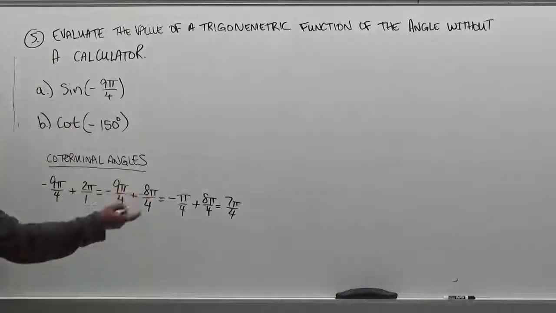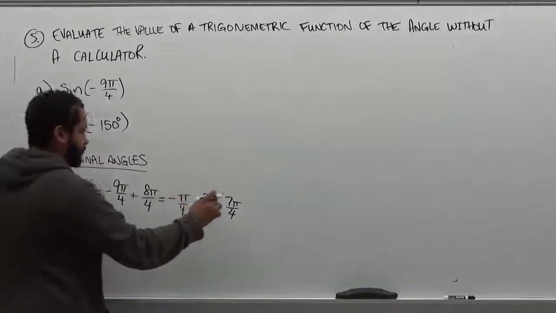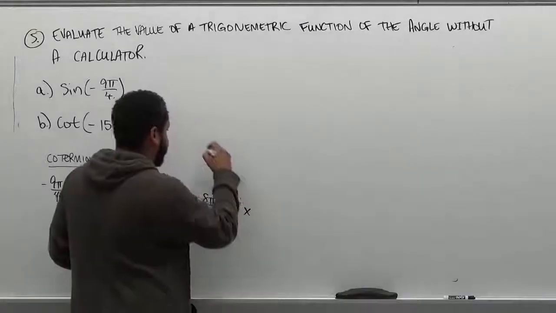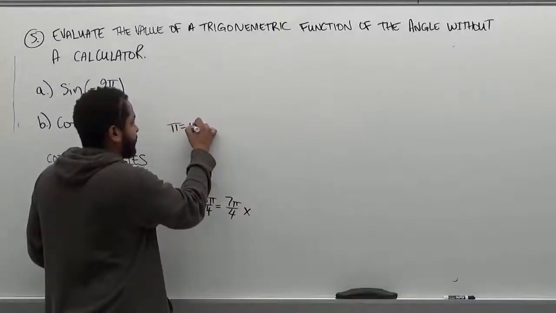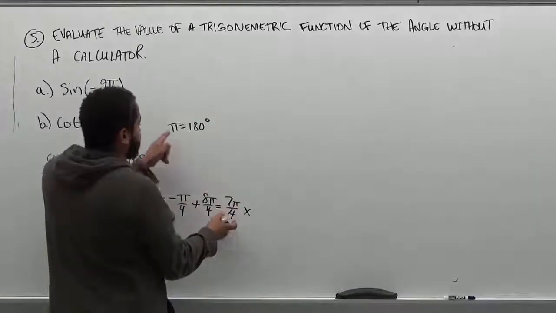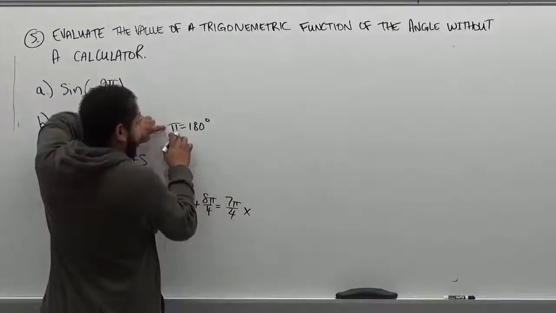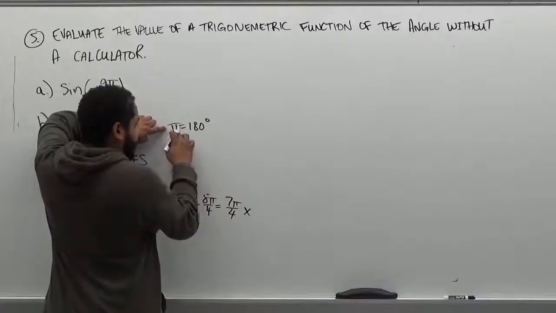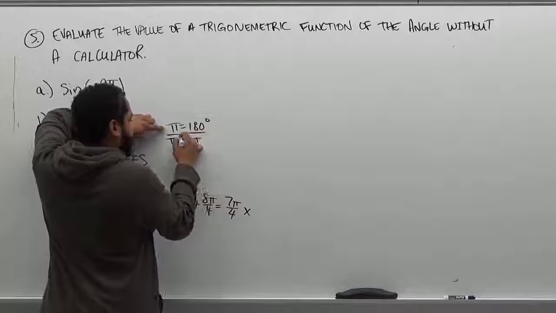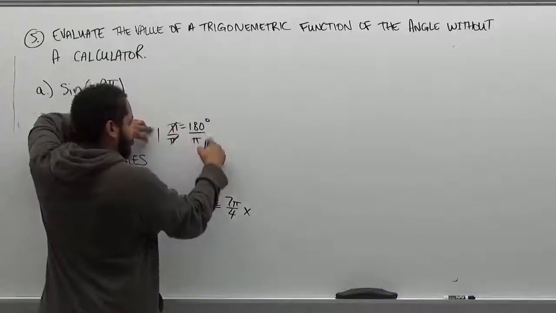So we're going to change this from radians to degrees, and to do that we multiply, because we know pi equals 180 degrees. We change this to a fraction in which we're solving for the radian measure of an angle: dividing both sides by pi, these go away and we have 1 equals 180 over pi.